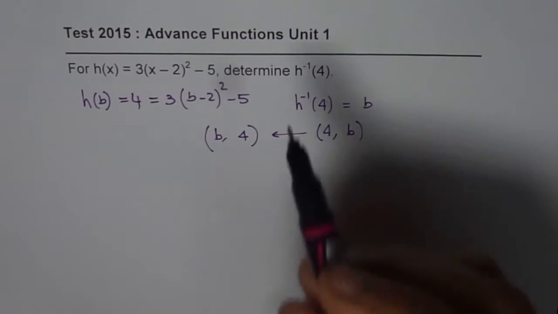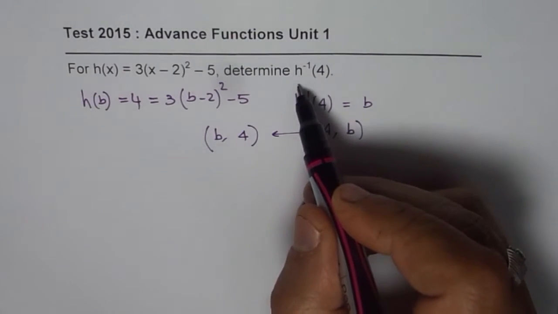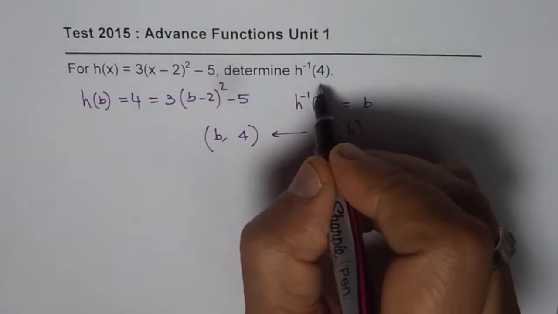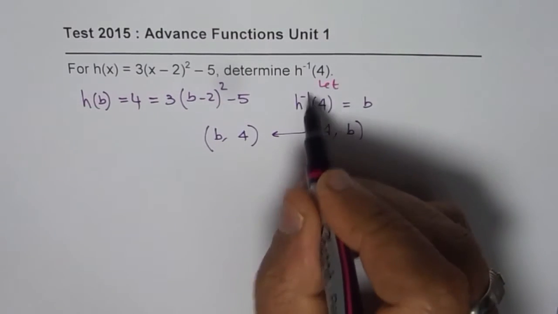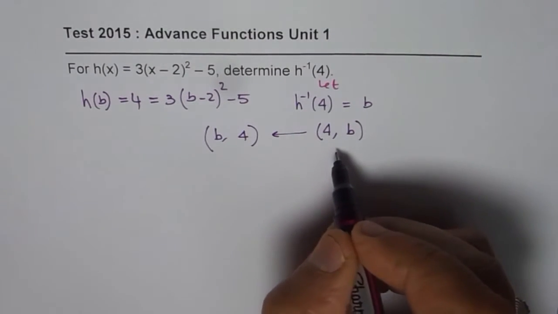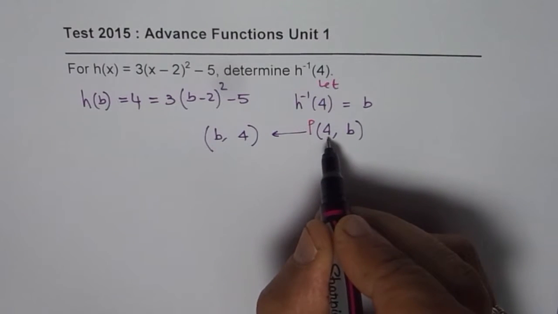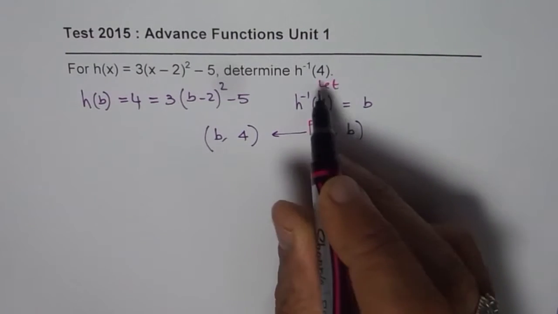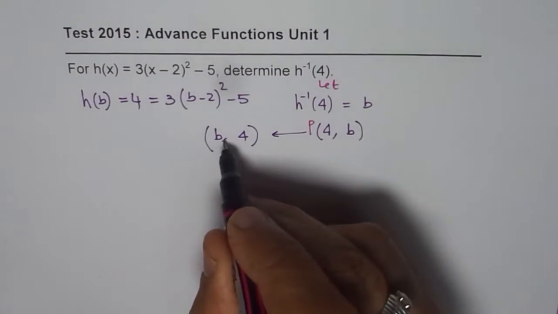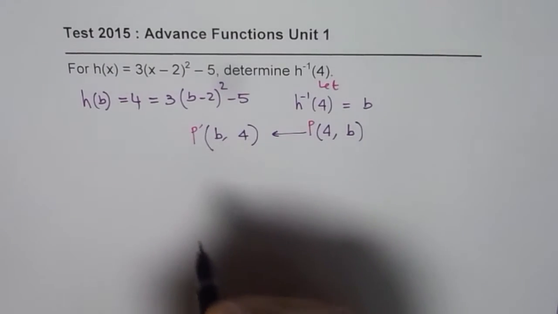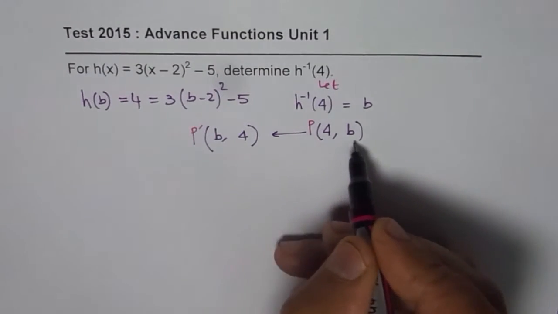So for the inverse function, we need to find the value of h inverse of 4. Let it be b. So we are saying let h inverse of 4 be b. In that case, the point will be (4, b) on h inverse. Now this point on the main function will be what? You have to swap x and y.